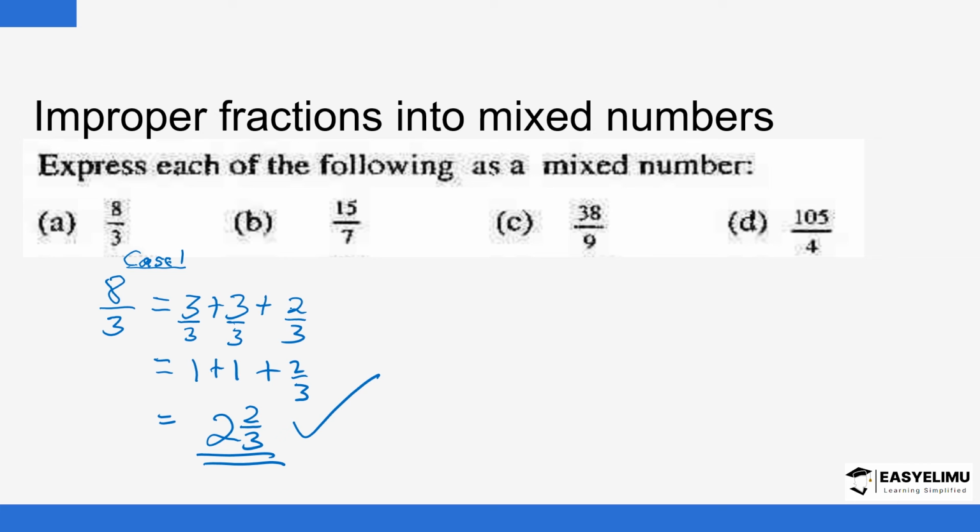In other words, when you add the value 3, it will be more than 8, so you need to add 2. You see, each one of them is divided by the denominator, so 3/3. You're going to see again how we do that in the other ones. So this improper fraction expressed as a mixed number will be 2 and 2/3. So this is A.